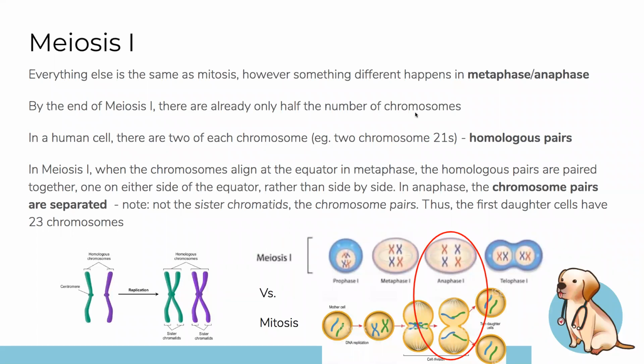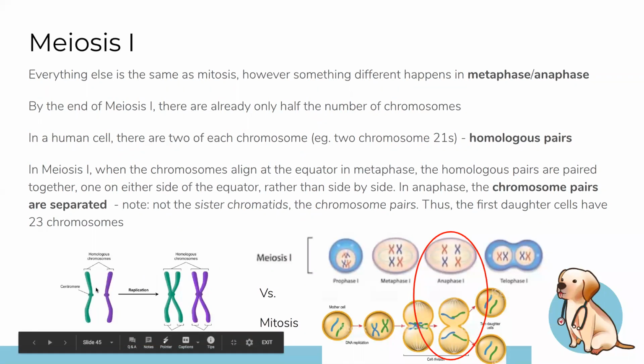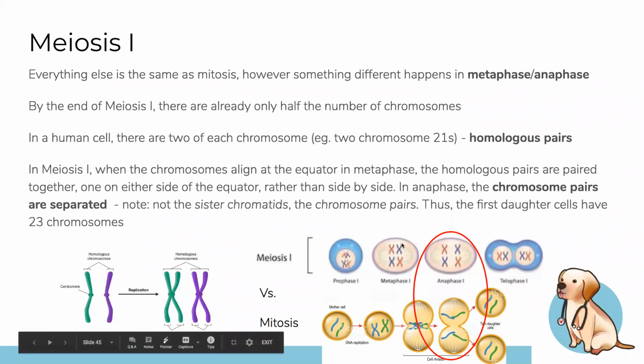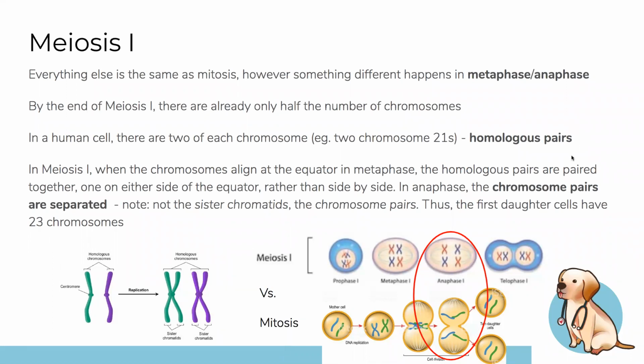Yeah, so this difference is mostly in meiosis 1. Remember this diagram from earlier? The chromosomes, the homologous chromosomes and then the sister chromatids. By the end of meiosis 1, you already have half the number of chromosomes left, because they've separated the homologous chromosomes.